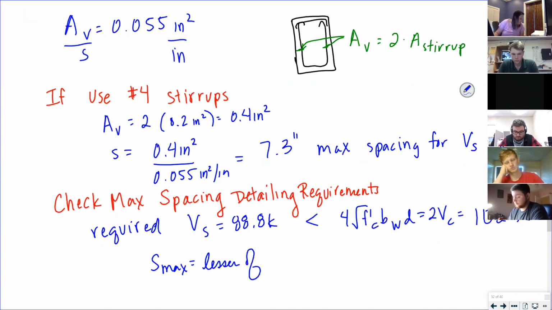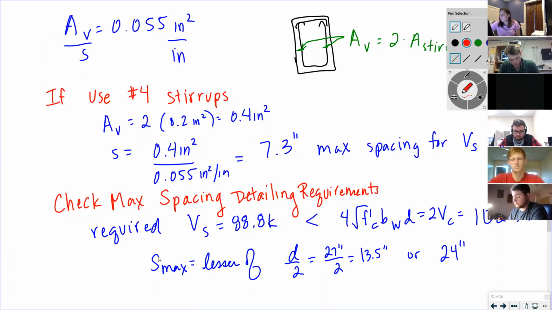It's the lesser of d over 2, which is 27 inches divided by 2, 13.5, right, or 24 inches. So our maximum spacing is 13.5.